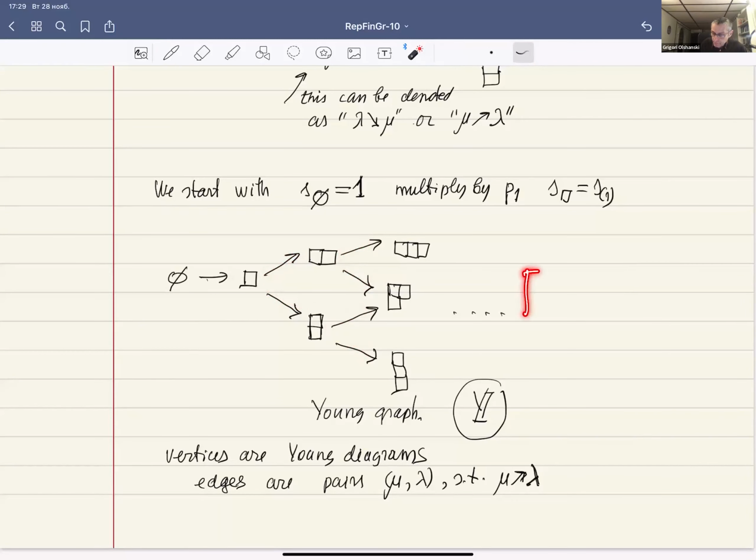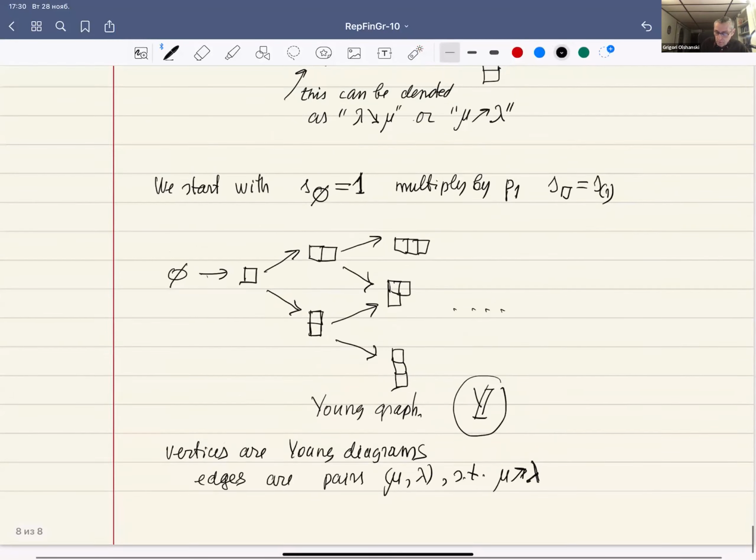If you have some Young diagram somewhere, we see that what we denoted by the dimension is exactly the number of paths going in this direction and joining the root vertex with it.